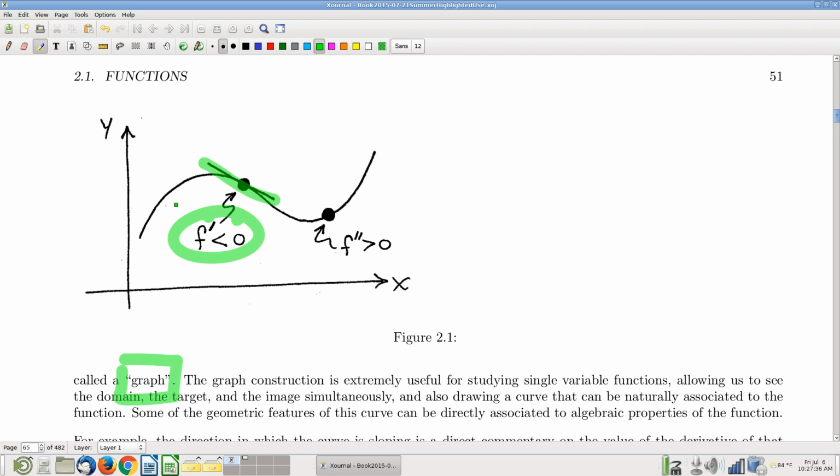So it is really useful in a lot of ways, but we're going to find in this class that there are severe shortcomings of the graph construction that cannot be fixed. And I'll talk about them as we go along. And we need other different ways of representing functions, other kinds of pictures that are very importantly not graphs.